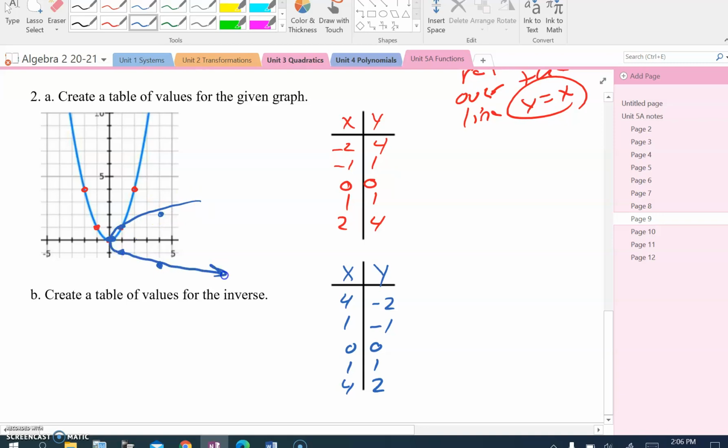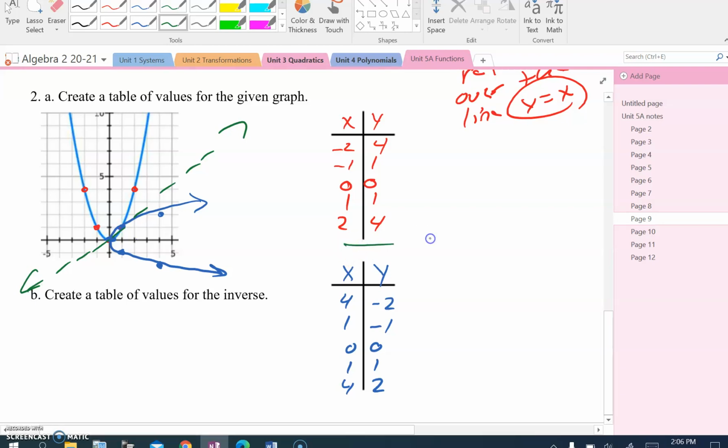So it's going to look like that. So it's kind of that parabola put on its side, but if you look at the line y equals x, almost perfect. So I think our observation is right. Inverses of each other are flipped, at least graph speaking.